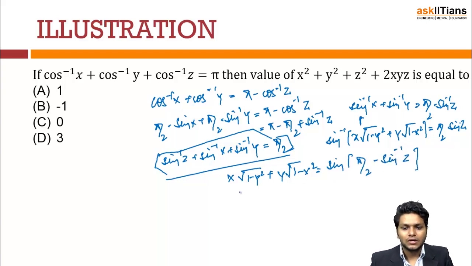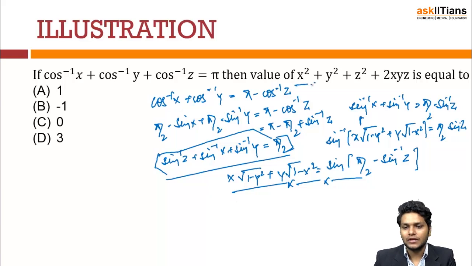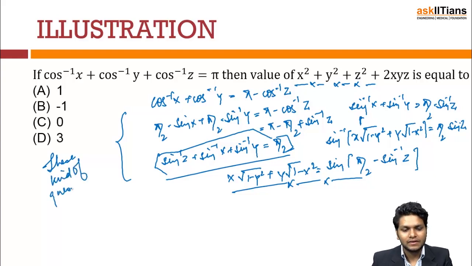If you do the simplification from this point onwards by squaring both sides, we'll see that we can very easily find out the value for x square plus y square plus z square plus 2xyz. It's quite easy to find out. So this is how these kinds of questions are done. You have to understand what is given in the question.